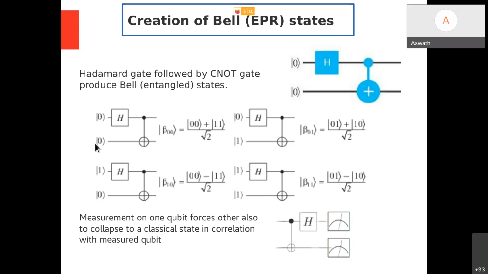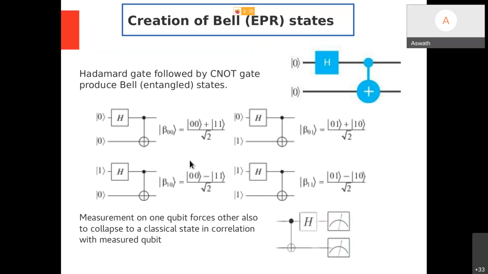If I have both atoms initially in the ground state and send them through a Hadamard and CNOT gate together, I'll get a quantum state where there exists a very good correlation between the first atom and the second atom. It's like they're entangled. They're correlated. They're not separable at all. Physically you can separate them. Let's say atom A and atom B are sent to Hyderabad and Bangalore.